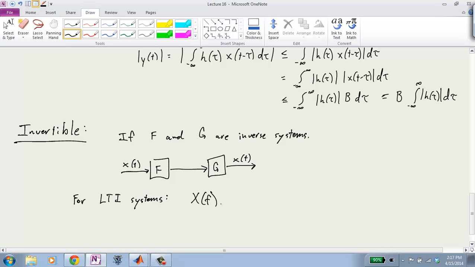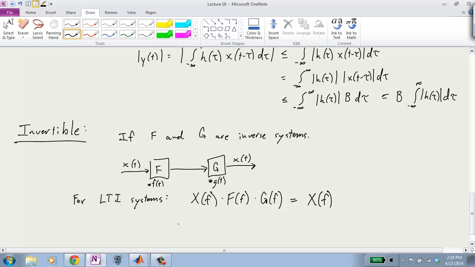Let's say this LTI system has an impulse response f of t. It's a convolution with f of t, and there's a convolution with g of t. Okay, then we get x of f times F of f times G of f. Okay, this would be the result in the frequency domain of applying an input to an LTI system. There's the Fourier transform of that LTI system. And then the result of this together goes to the input of the next system. So you get another multiplication by G of f. And what we're saying is you should get back to x of f if it's invertible, right?